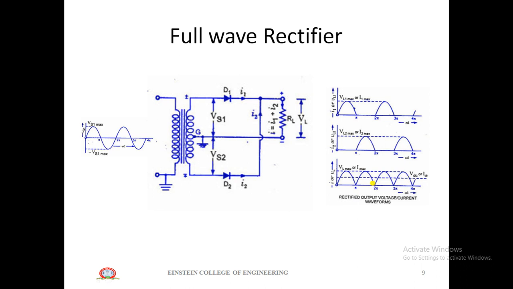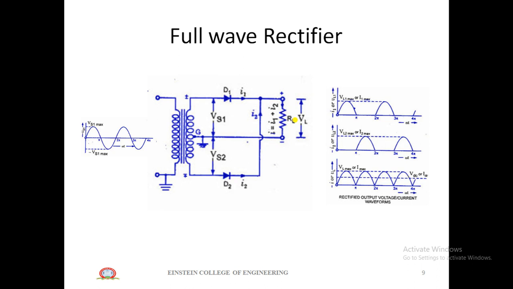This is the circuit diagram of the full wave rectifier. Here you have a center tapped transformer, two diodes D1 and D2, and one resistance RL connected to the diodes.